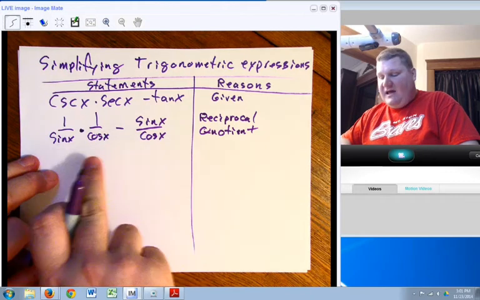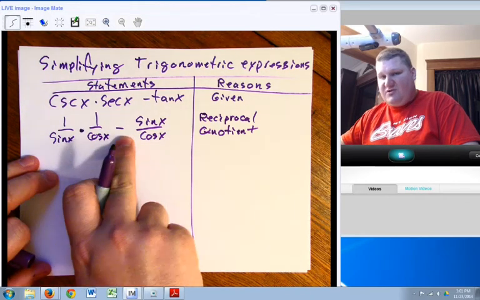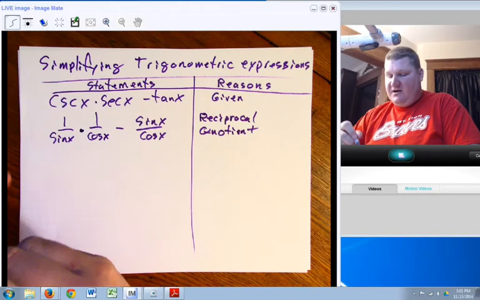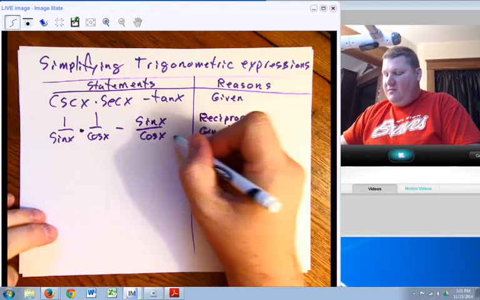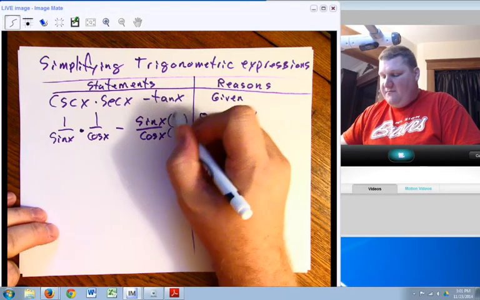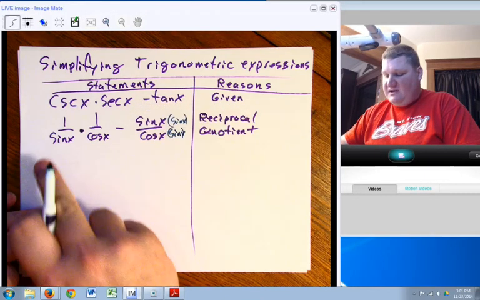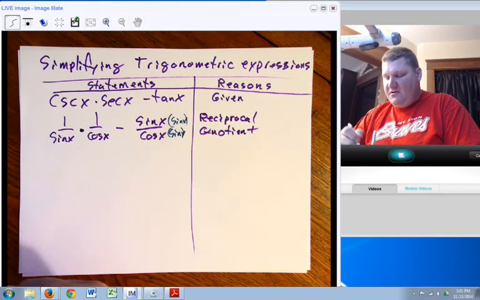Now that I've said what I've done, I look at this and say, well, I have fractions. And I can't put fractions together by subtraction unless I have a common denominator. So what I'm going to do is get a common denominator. I'm going to multiply top and bottom by sine x over sine x so that this denominator and this denominator are the same.